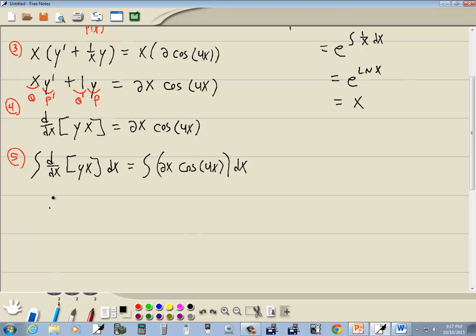Well, over here this gives us yx, and over here this would be the parts again. So that's going to be by parts. Now I'm going to use my table. We can't always use a table, but if we can, then it makes it a lot easier.